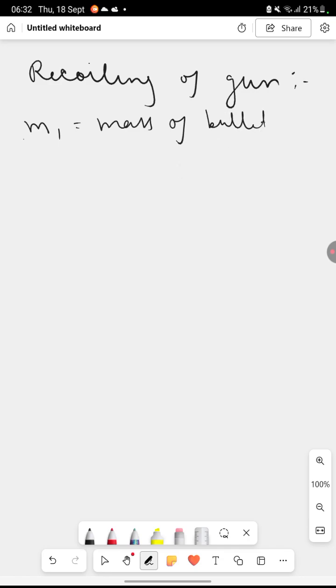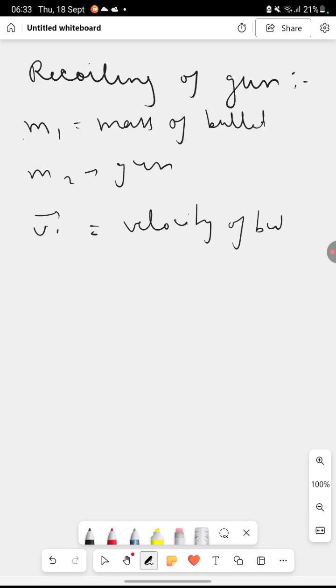M1 is the mass of bullet, M2 is the mass of gun, V1 is the velocity of the bullet, V2 is the velocity of the recoil of gun.